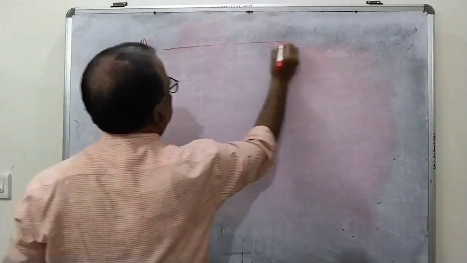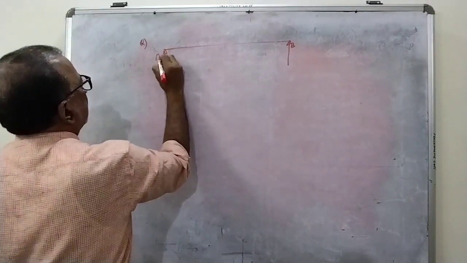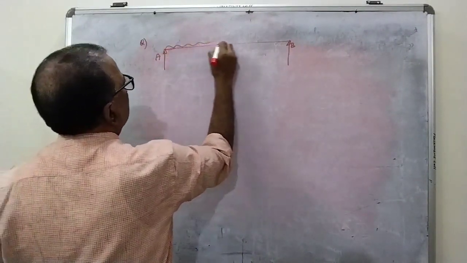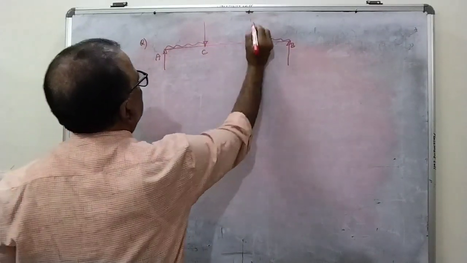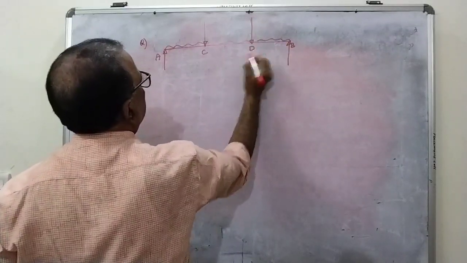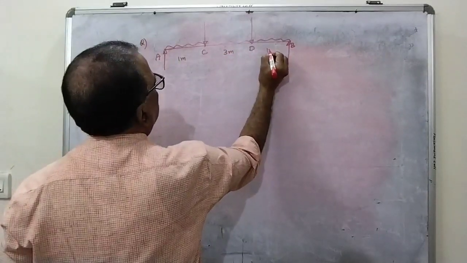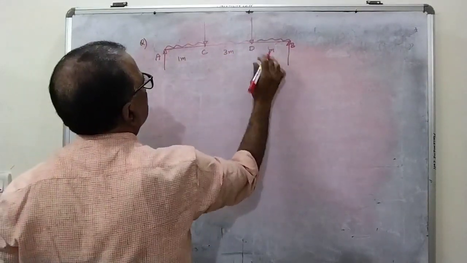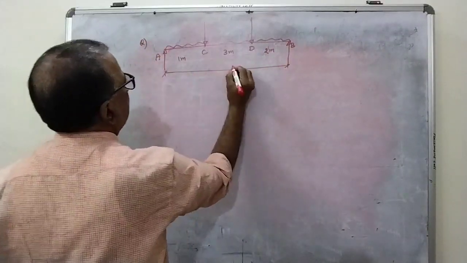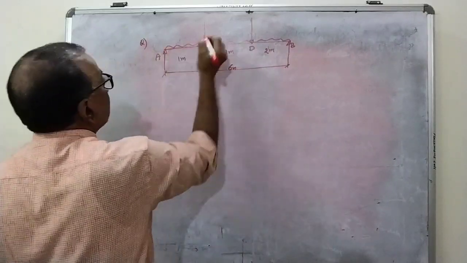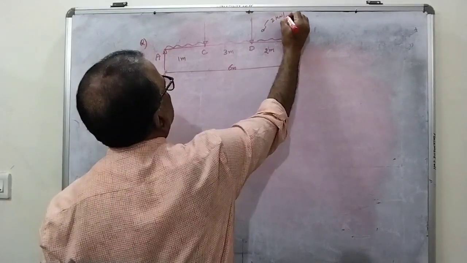Another example. Here the total span is 6 meters. Let us say the UDL intensity is 2 kilonewton per meter.